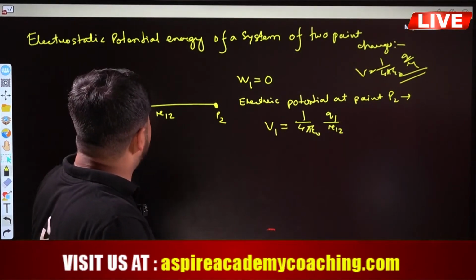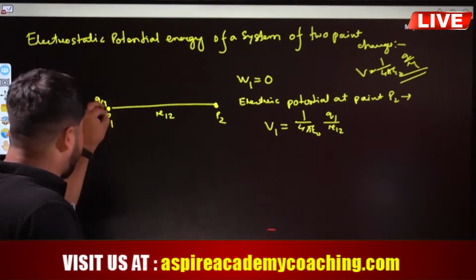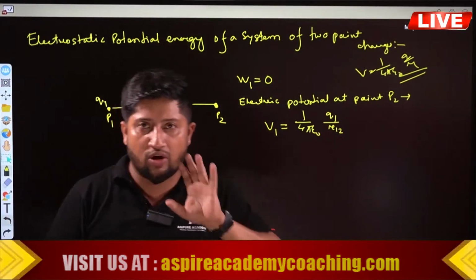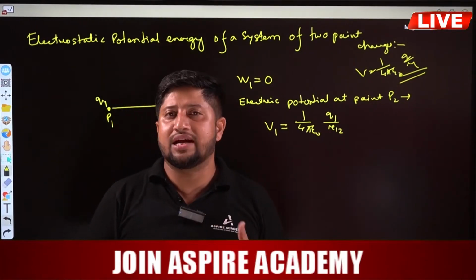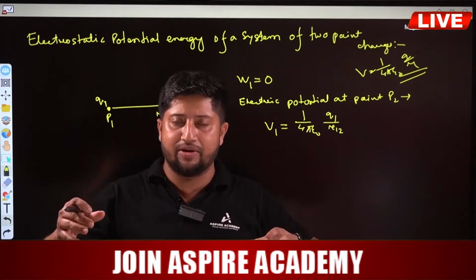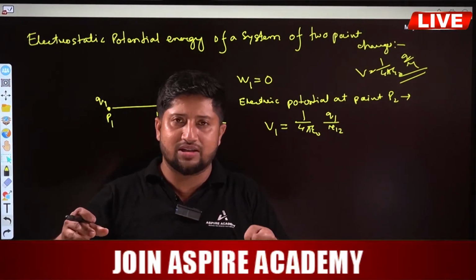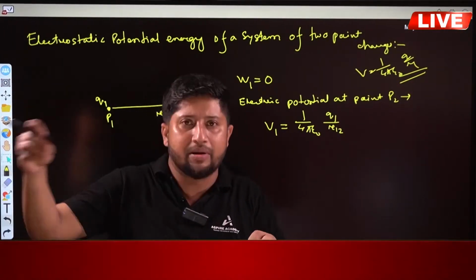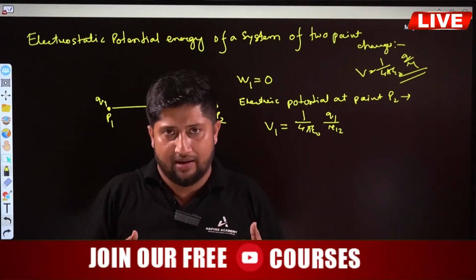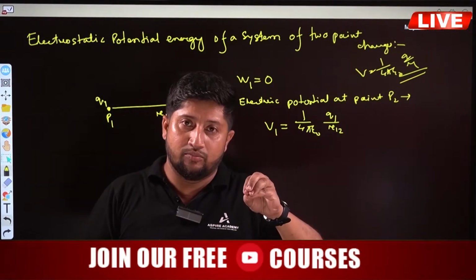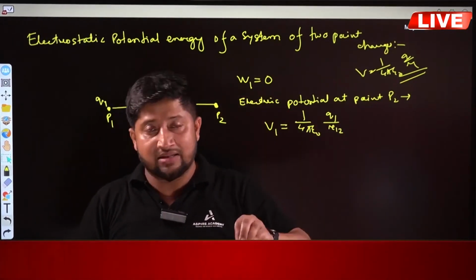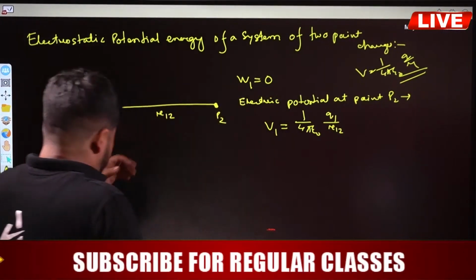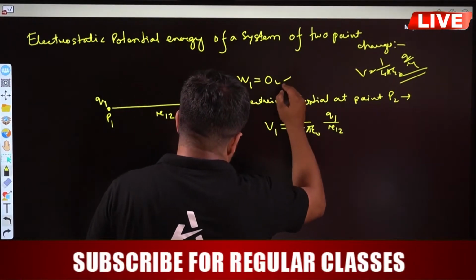Now whenever I bring one positive charge Q1 to that P1 point, what is the amount of work done here? Work done is 0, because there is no work done with a single charge. If a source charge is there and another charge is brought from infinity, then work done will happen. But if we bring a single charge, there is no work done. So that's why work done will be 0.